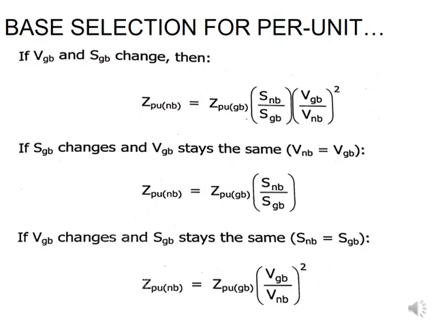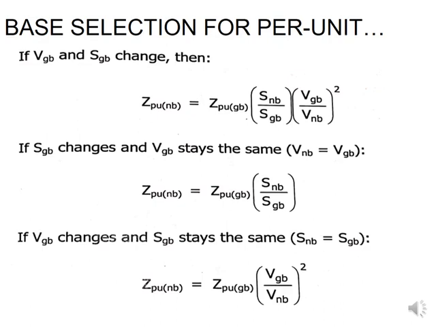So what is different from this slide, from your previous slide, is that in your previous slide and the formulas that you had there, you were utilizing those when your Z of your equipment or your line or whatever you have in your system was in ohms.